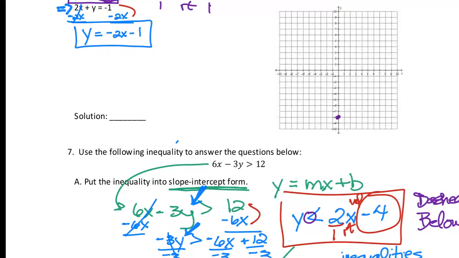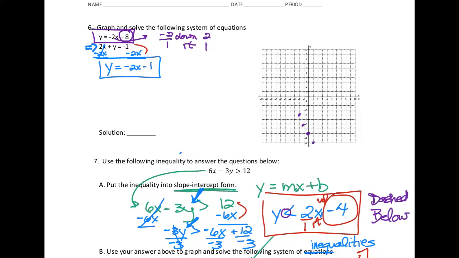So down 2, right 1. Now, I can't go any further. I would like a little bit more, though. So I can go in reverse. When you go in reverse, you have to do the opposite of both. So that would mean up 2, left 1, up 2, left 1, just because I can't do any more.